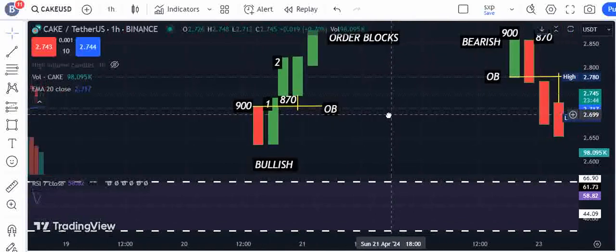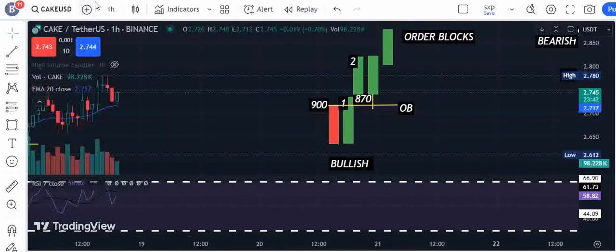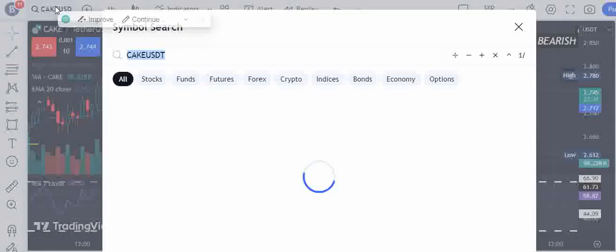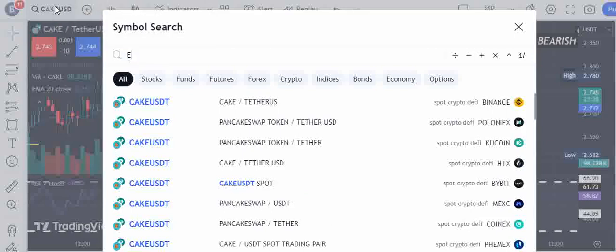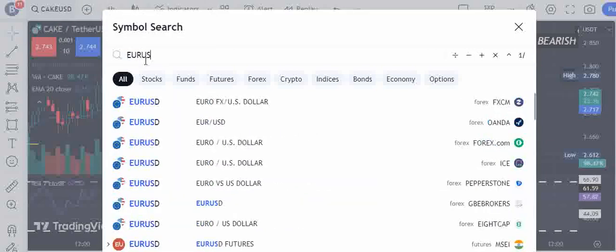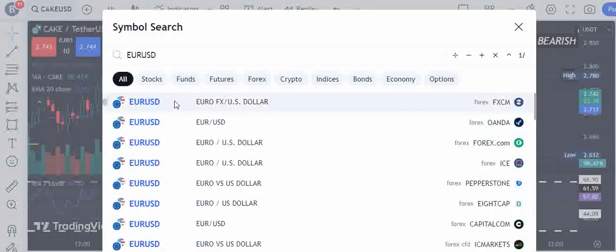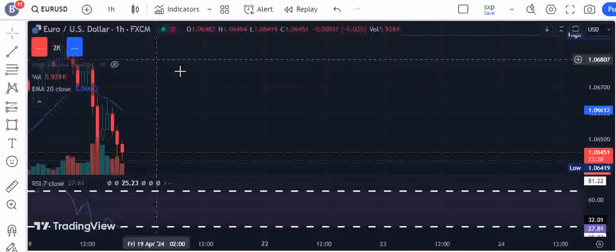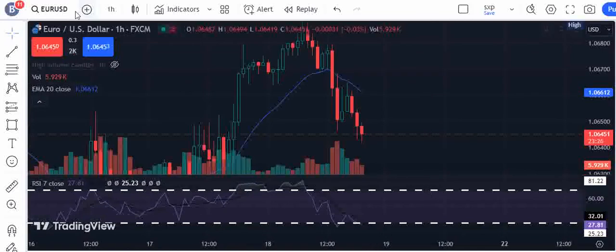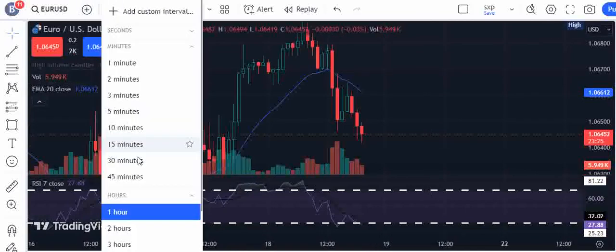Let me see if I can see another example of order block. Let me see. EUR/USD. I'm just trying to go a bit out of crypto because there's really not much volume in crypto this week. So let's go to the 4 hour time frame.